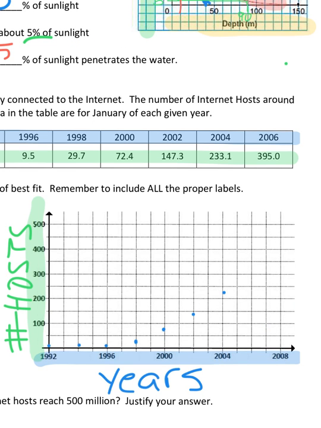And to finish it off, 2006, we're at 395, which is just under the 400 line.